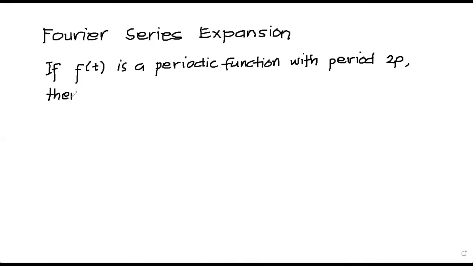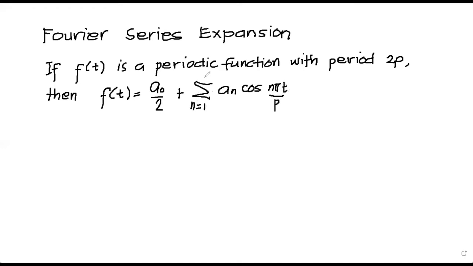Now if f of t is a periodic function with period 2p, then f of t is equal to a sub 0 over 2 plus the summation of a sub n times cosine of n pi t over p, where n is from 1 to infinity, plus the summation of b sub n times sine of n pi t over p, where n is from 1 to infinity.